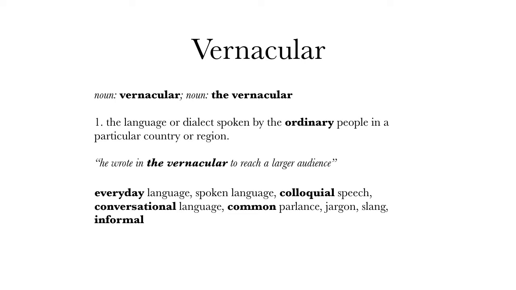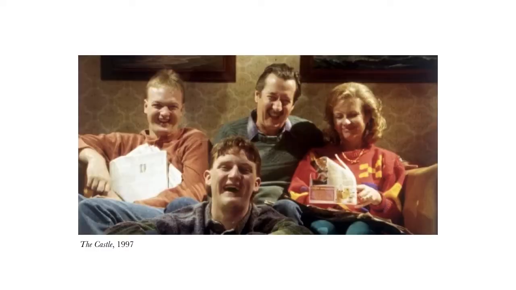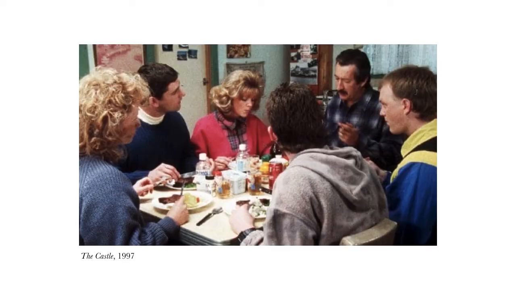If you're thinking about vernacular, what would you imagine that to fit into? In my mind, something that I think of in terms of an Australian vernacular, a great example would be the iconic Australian film, The Castle, in terms of showing and representing just a regular average family doing regular average family things, this idea of the mundane and the typical and the common.